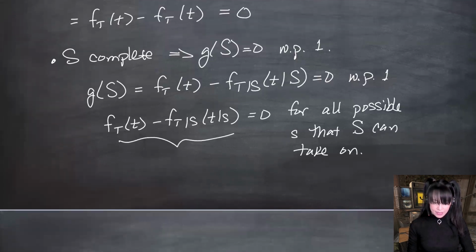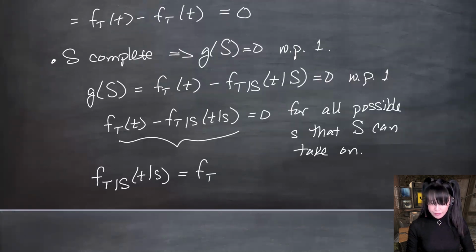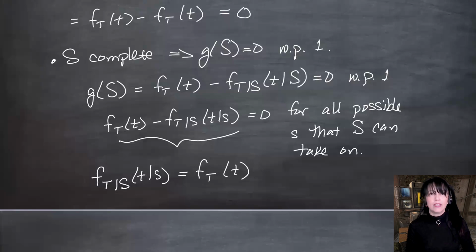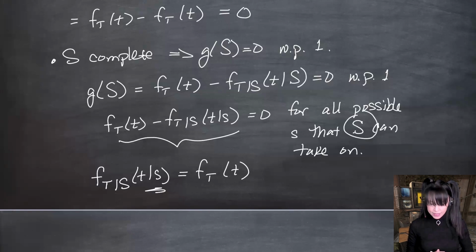And from this, we have that f of t given s, so this conditional PDF, is equal to the PDF for the t alone, as long as this s makes sense, is something that can actually appear when you're making observations of this capital S.